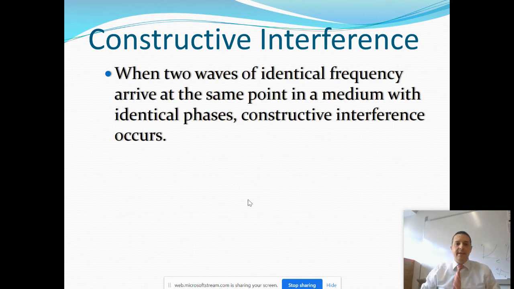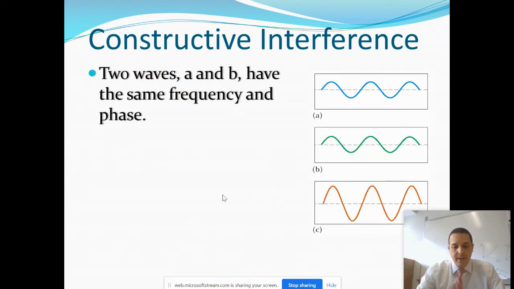Now that we've talked about wave phase, let's talk about constructive and destructive interference. If we have two waves with the same frequency and they're in the same phase, they constructively interfere. If you look at this example, which would be on the right of your notes, you'll see three waves stacked on top of each other.